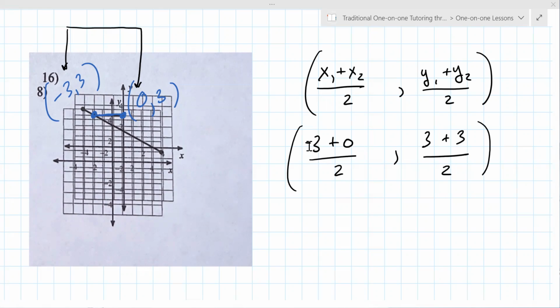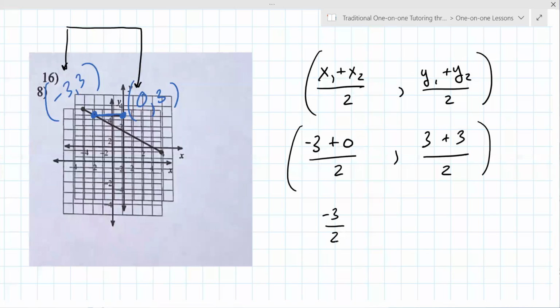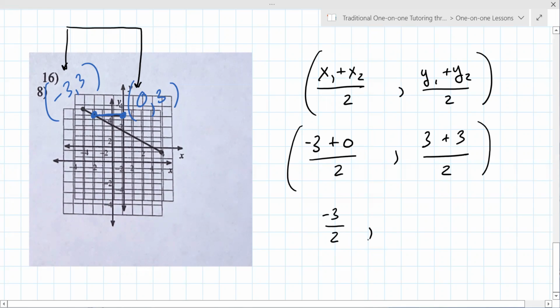Oh, -3 over 2. The negative is like an adjective or an accessory, it comes with the 3, tagging along. And how about the one on the right? 6 over 2, which reduces to 3. Good.